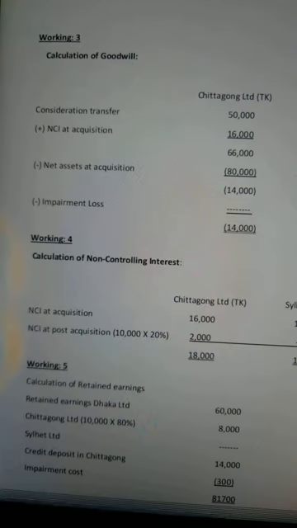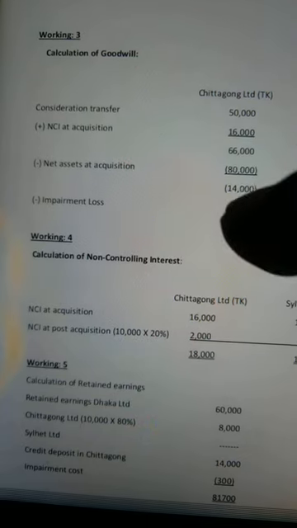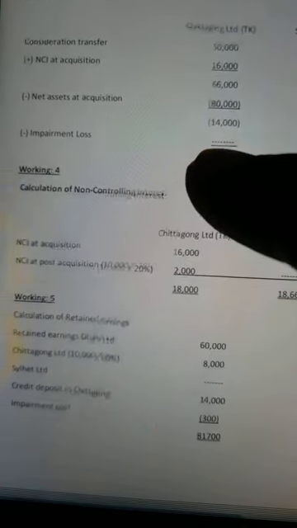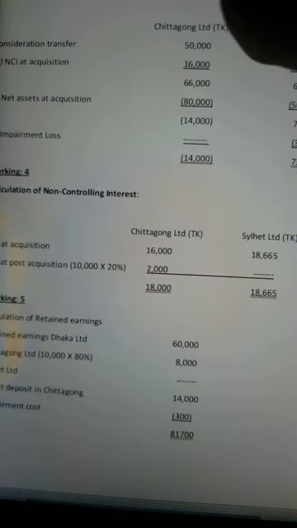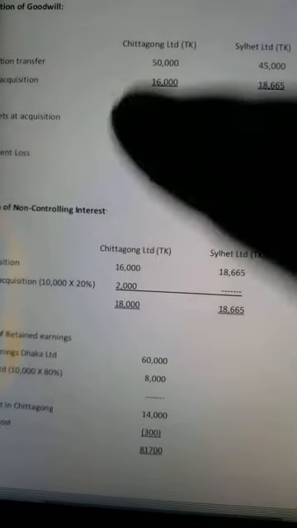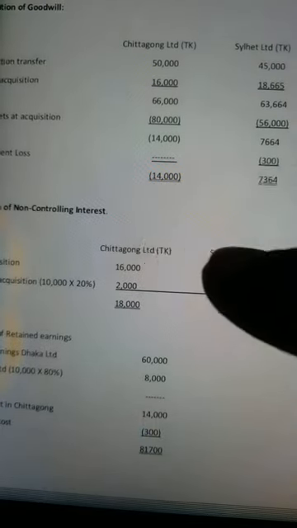Now let's talk about working number 3. It is all about calculating the goodwill. At first we need to write the names of the two subsidiary companies, Chittagong and Sylhet Limited.